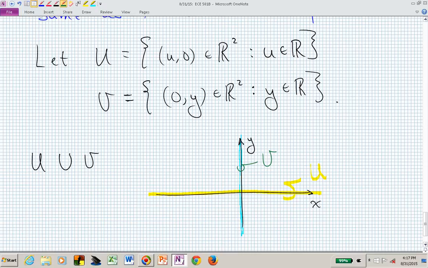The union is just the x-axis and the y-axis, nothing in between.